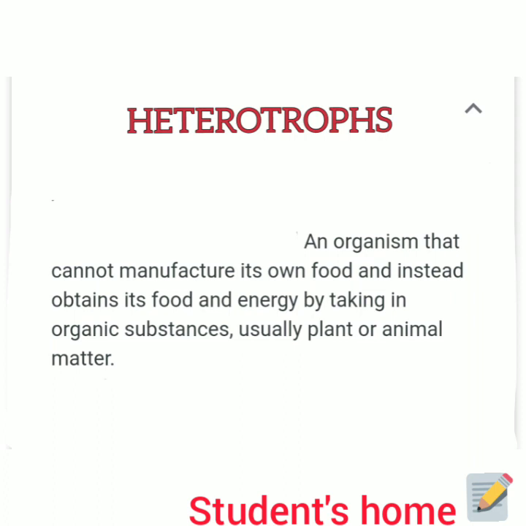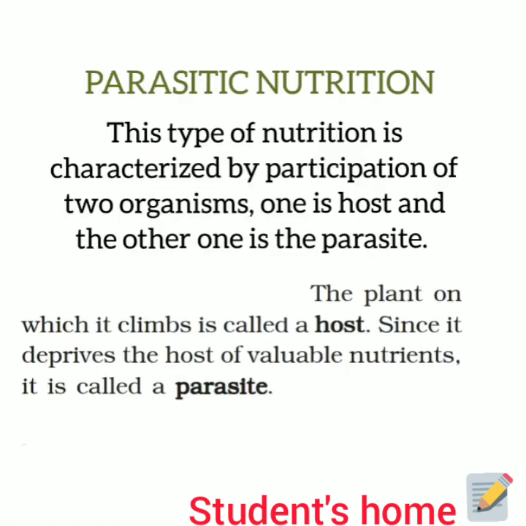For example, our first topic that you can see in the picture is parasitic nutrition. As you can see in the picture, the definition is given here class. It goes like, this type of nutrition is characterized by participation of two organisms, one is the host and the other one is the parasite.